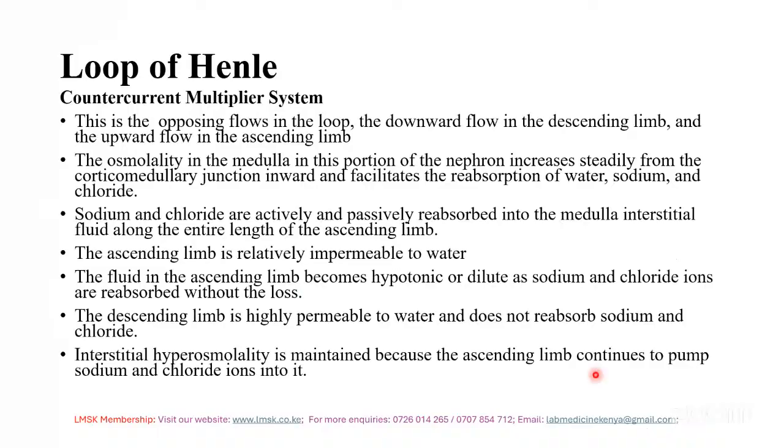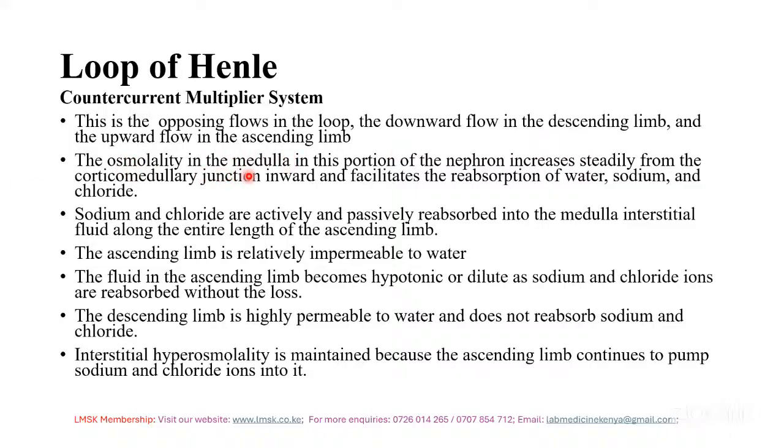So the countercurrent multiplier system along the loop of Henle is the opposing flow in the loop, which is the downward flow in the descending loop and the upward flow in the ascending loop. And we saw the structure.